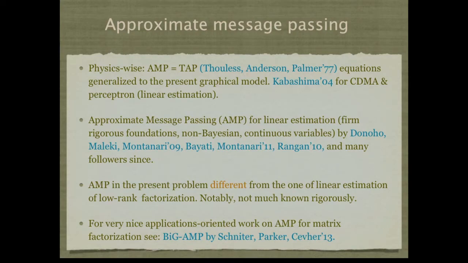After this set of works, many people, including us, started to work on approximate message passing. But note that in the present problem, this approximate message passing is the same in spirit as an algorithm, but it doesn't quite fit in the setting for which things are already proven, like the state evolution, etc. So it's an approximate message passing, but not much is known about this one rigorously.